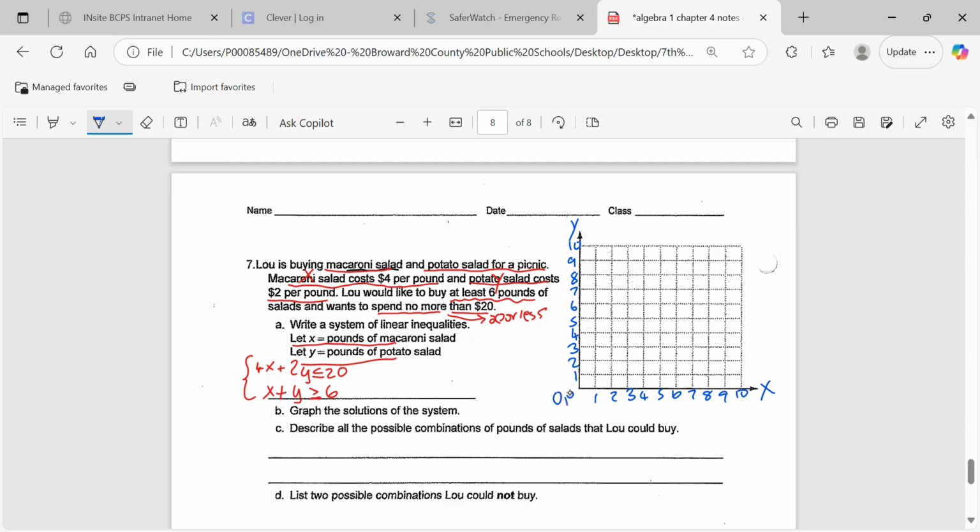Here comes 0, 0. And this is a word problem talking about money and potatoes, so it won't go below. I can't have negative money and negative potatoes. All right. So this we have cost, and down here we have, oh, nope, they said X is the macaroni salad, macaroni, and Y is your potato salad. So that's potato.